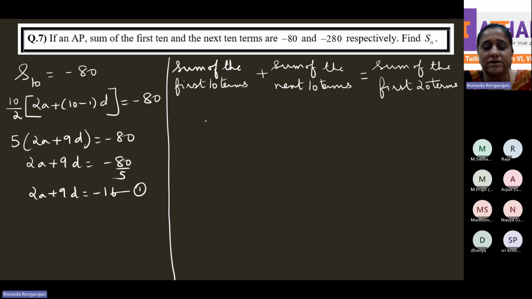So the sum of the first 10 terms, minus 80, plus the sum of the next 10 terms, minus 280.